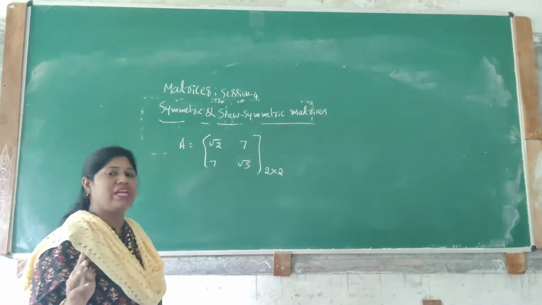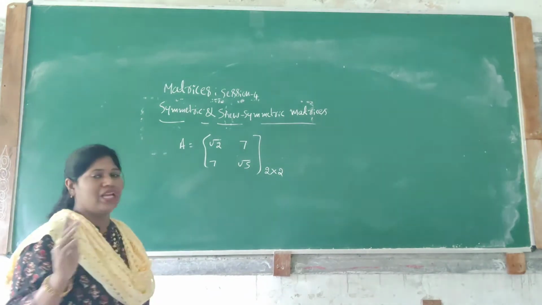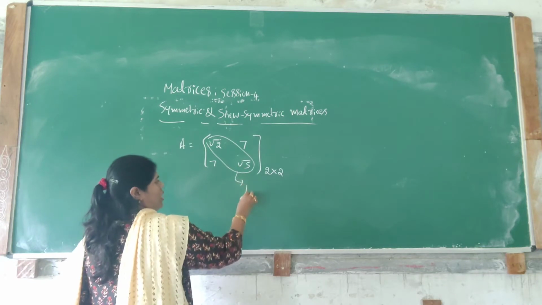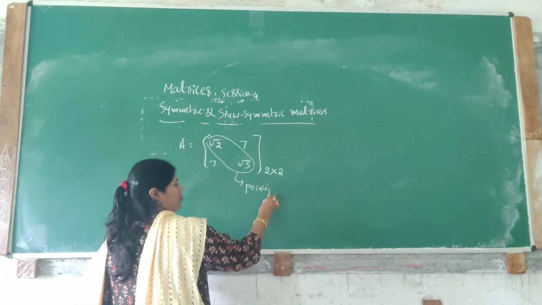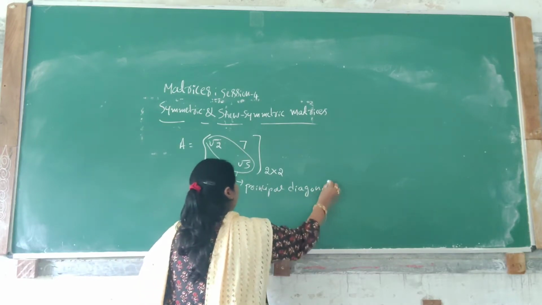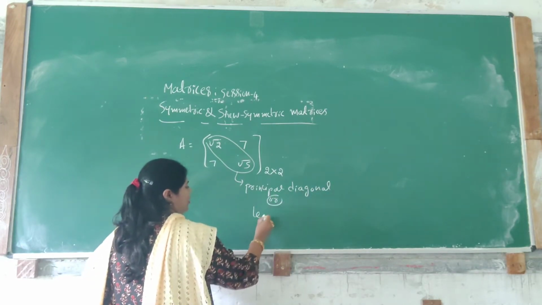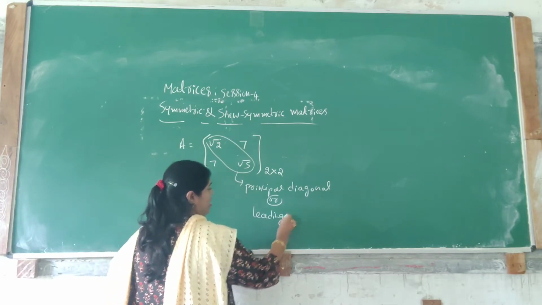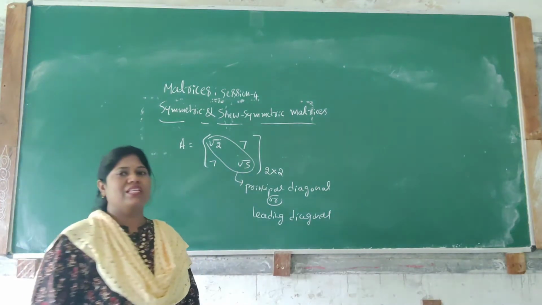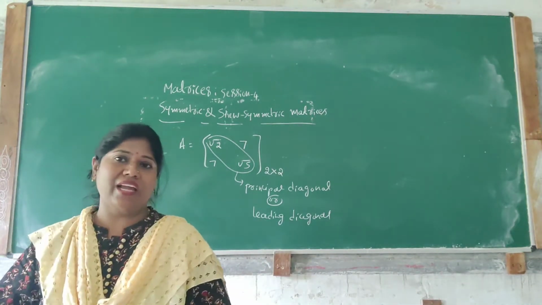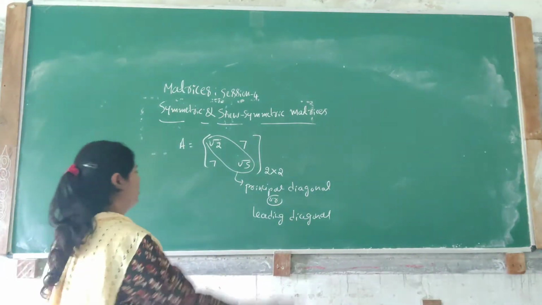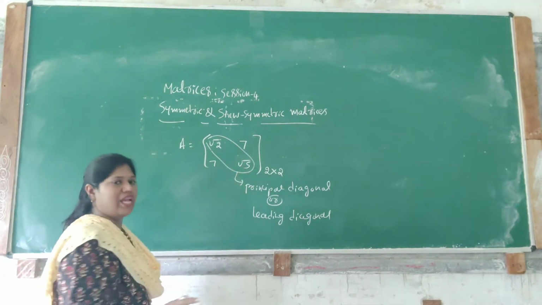The elements from the left top corner to the right bottom corner are called the principal diagonal, or leading diagonal. So, root 2 and 5 are the diagonal elements.